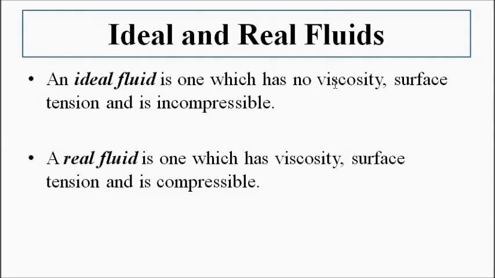Surface tension is the property of the fluid which opposes or resists any force acting on it. Compressibility, we all know, relates to the mass per unit volume. The fluids which have a constant density are called incompressible, and those which do not have a fixed density are called compressible.